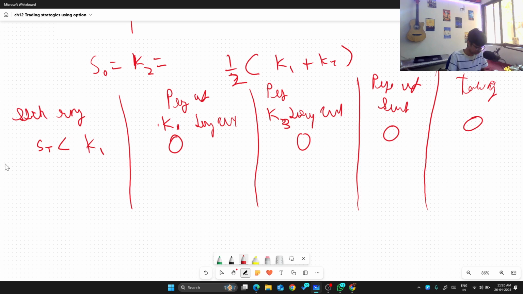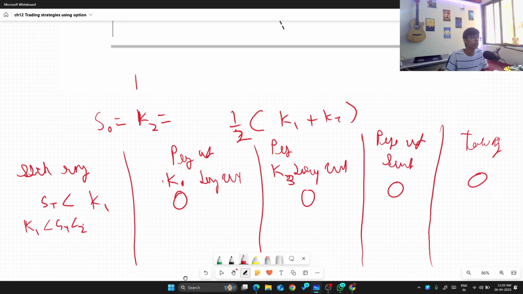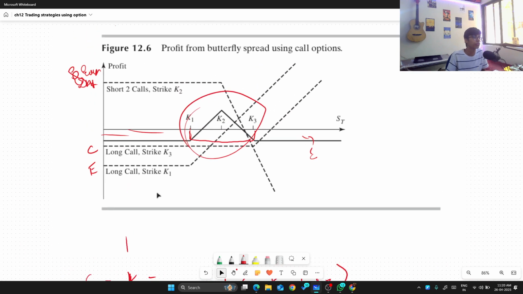The second scenario is when ST is between K1 and K2. So the scenario is when the spot price is between this. Let me erase it first. Second would be it is between this. So the payoff would be this.